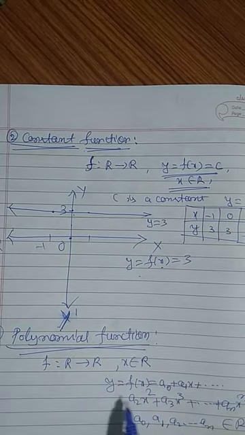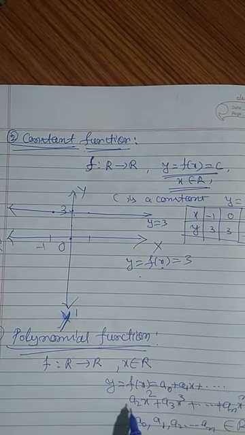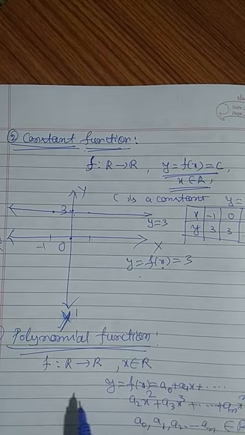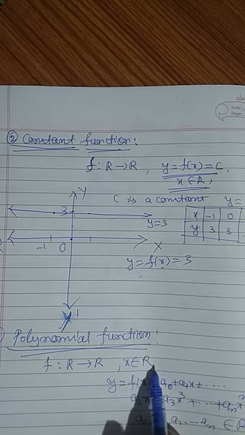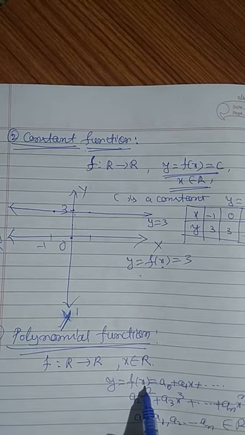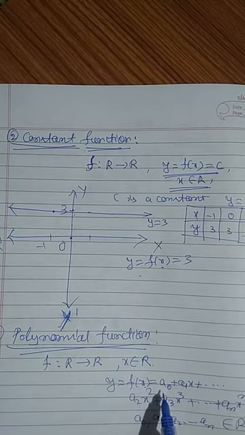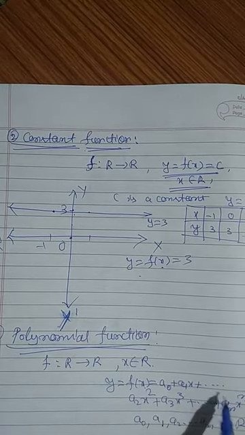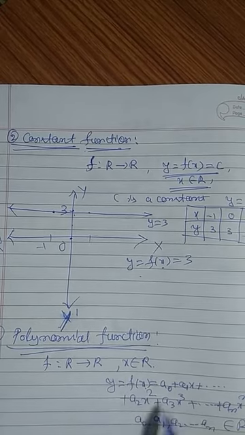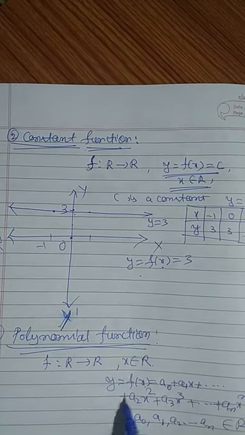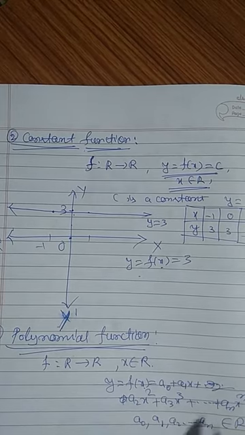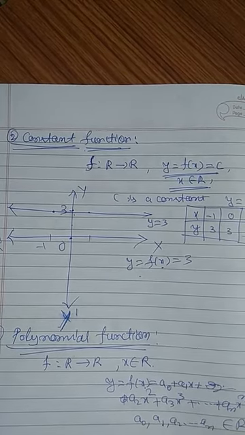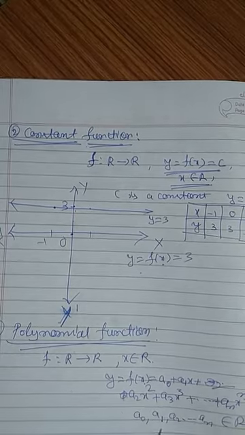So a polynomial function is f from R to R, where x belongs to R, y is equal to f of x is equal to a0 plus a1x plus dot dot plus an x to the power n, where a0, a1, a2 dot dot an are real numbers.